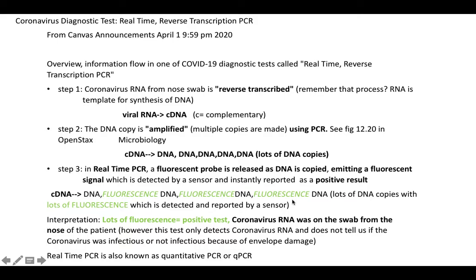So even as the process is going on, you're getting a report coming in, okay, this sample is positive for coronavirus genetic information. So lots of fluorescence means, in the original sample, that original nasal sample, the interpretation is there was a lot of coronavirus RNA present, right? So you would say the test is positive, that patient is positive for the COVID.